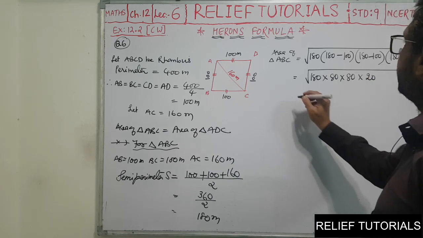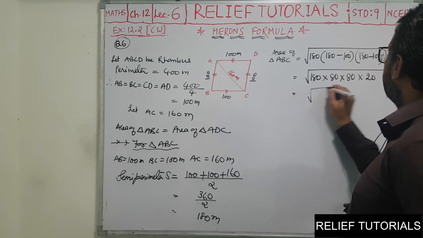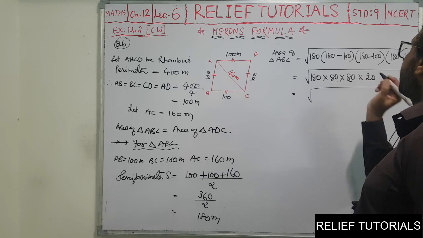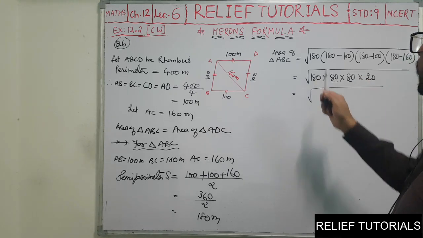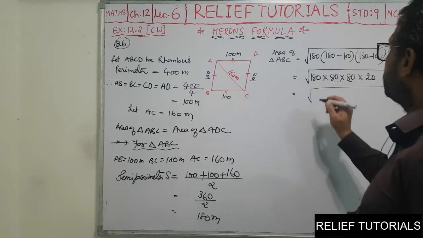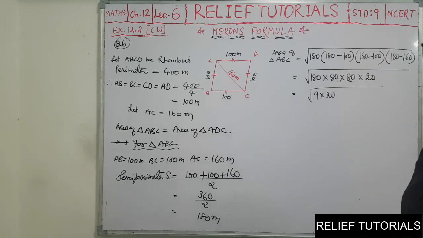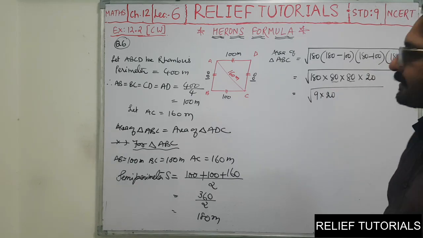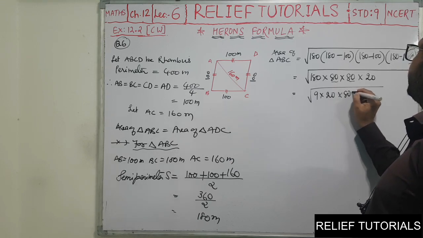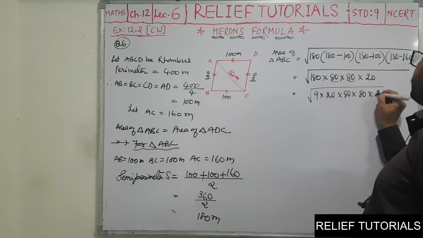Clear? Now see, there are two 80s, so we will not disturb this 80. Now 180 is 9 twos, so I can write 9 into 20, because there is 20 here. Into 80, into 80, into 20.